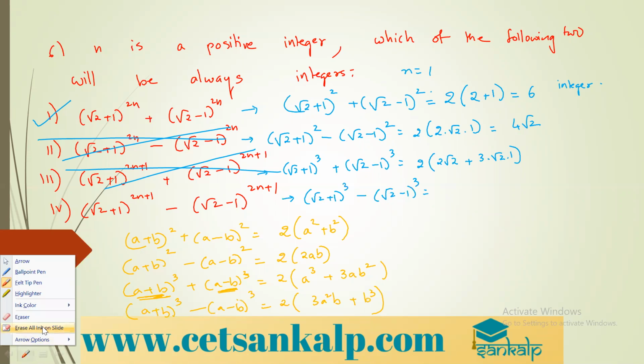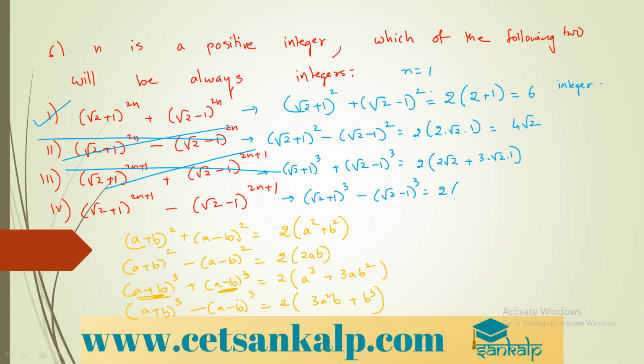So if you apply that formula here, you will have 2 times (3 into a square is 2 into b is 1, plus b cube is 1 cube). Obviously, there is no square root, so this is also an integer. So you can pick up the first one and the fourth one, two of the options, as the correct ones.